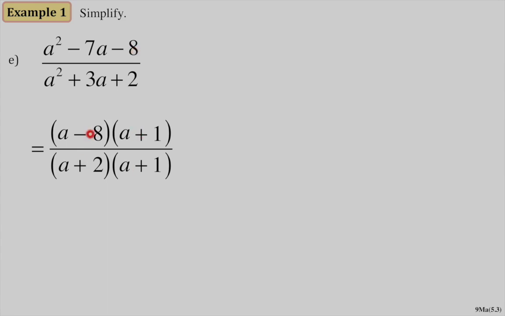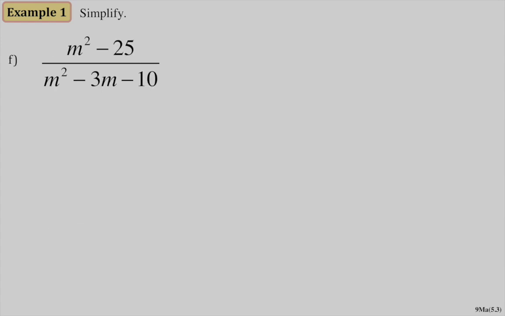I just factorised because they were the simpler ones. The a plus 1s are the same. They will cancel each other out. I'm left with a take 8 over a plus 2. Do I need to put the brackets on? No, I could just write a take 8 over a plus 2 without the brackets because there's nothing else with it. And that's your final answer.